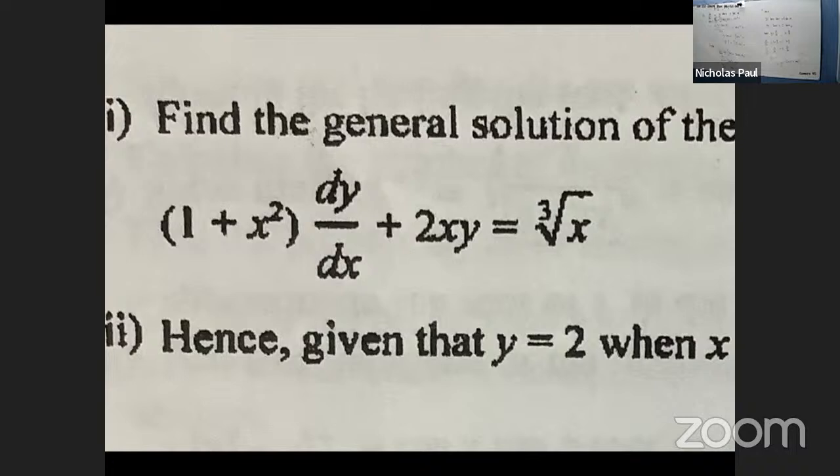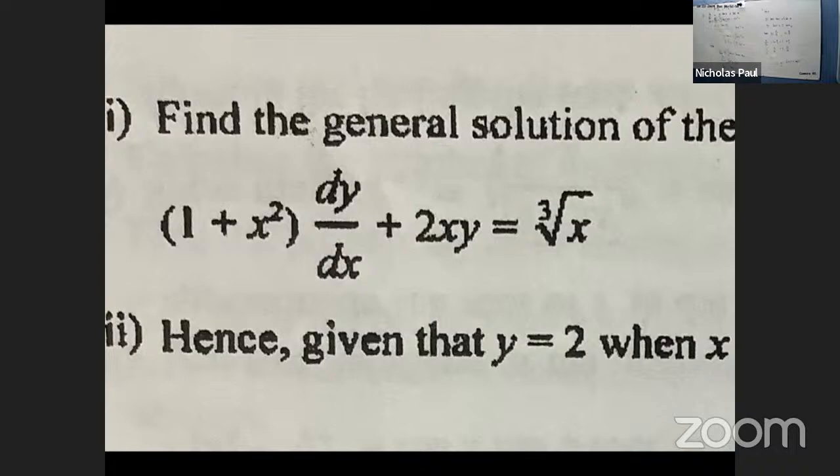Take your time with the integral, it's a very simple integral, don't overthink it.